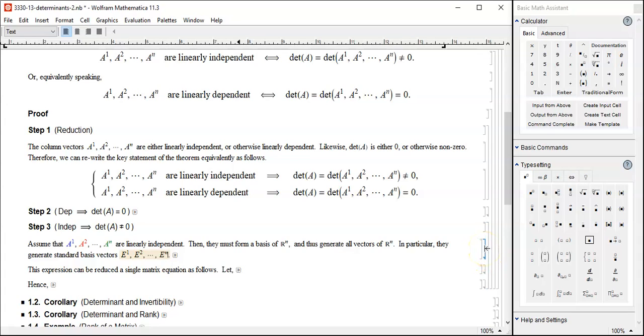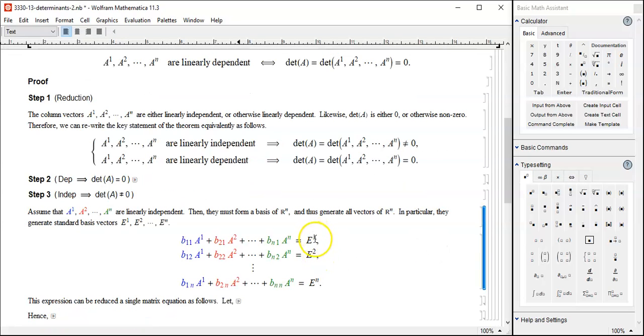Alright, how do I write this? Generated by A1 through An. That means E1 can be written as a linear combination of A1 through An. E2 is a linear combination of A1 through An, and so on and so forth. In the end, En is also a linear combination of A1, A2, and so on.